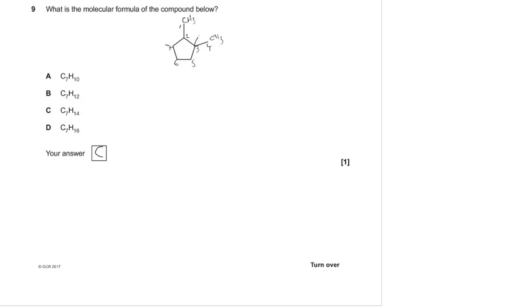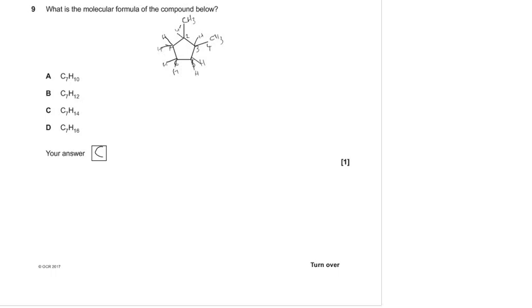And then we're going to have another hydrogen here, and each of these others will have bonded to them 2 hydrogens per carbon. So if we count those round, we've got 3, 6, 7, 8, 9, 10, 11, 12, 13, 14. So that makes it C7H14.